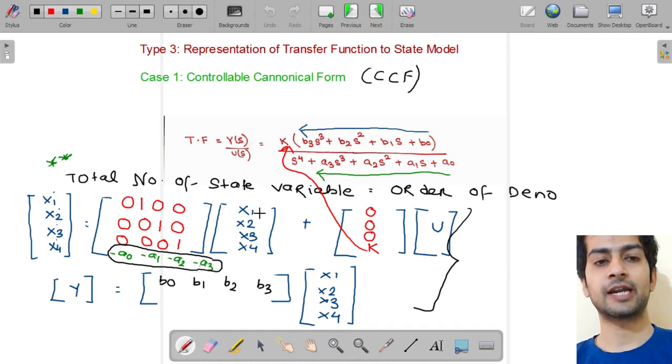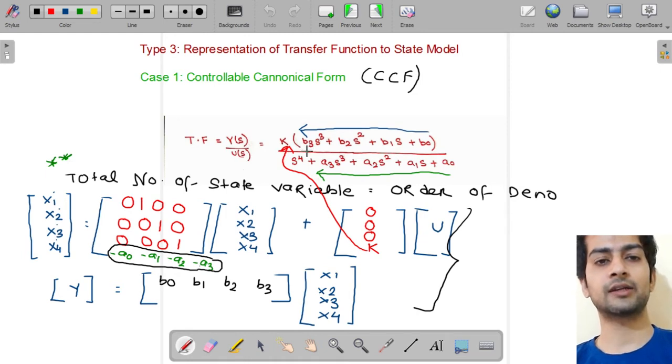You will remember that we have understood the same thing in SFG, the signal flow graph, also: when we were changing the order of the state variables, we were getting a different state model. The same is applicable here. If we change the order of the state variables, we will get a different representation of the state model for the same transfer function.